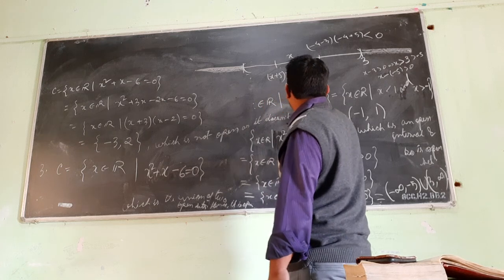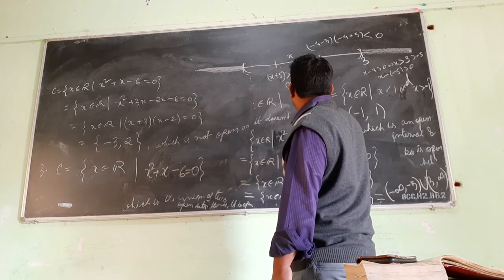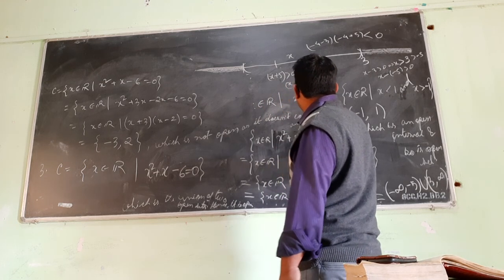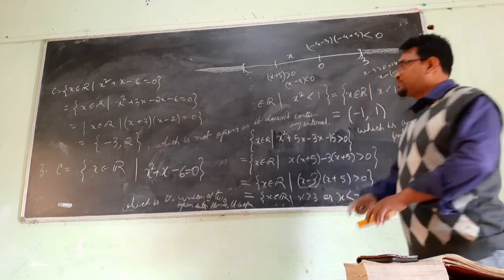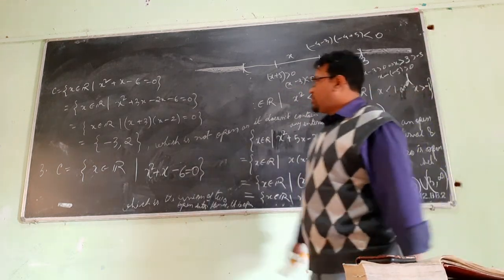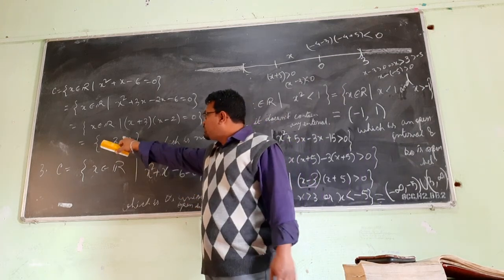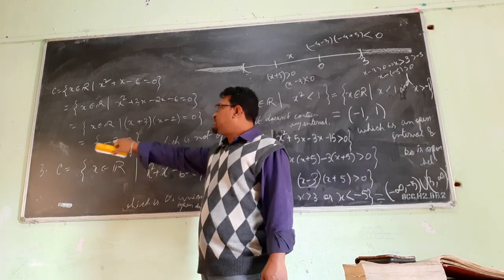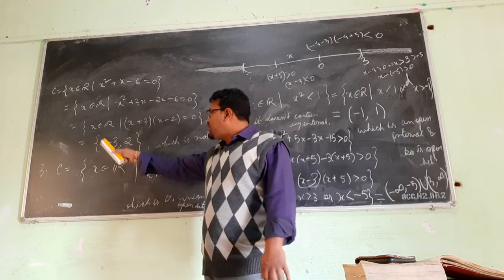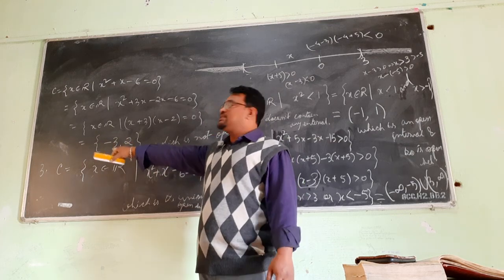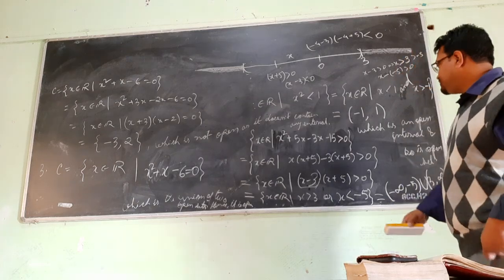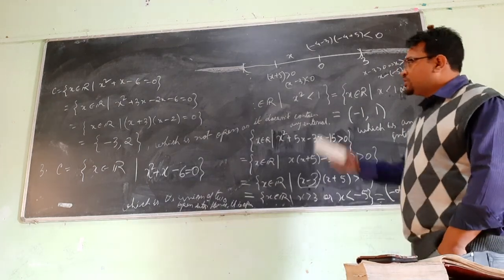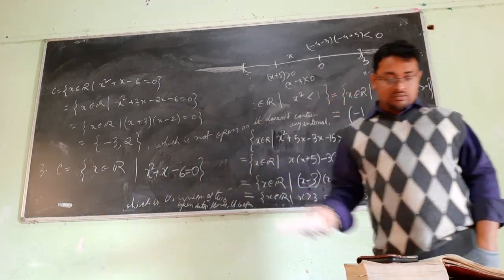For an open set, for every point inside this set, we should get at least one open interval which is inside. This set doesn't have any open interval, so there is no chance that this will be open. It is not open. So the first two are open, the third one is not open.